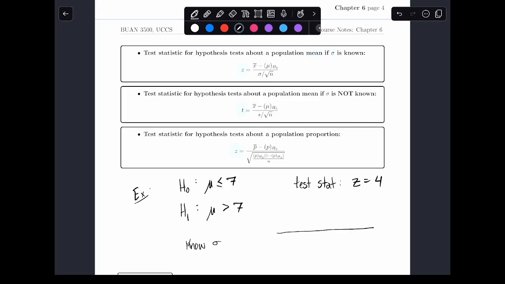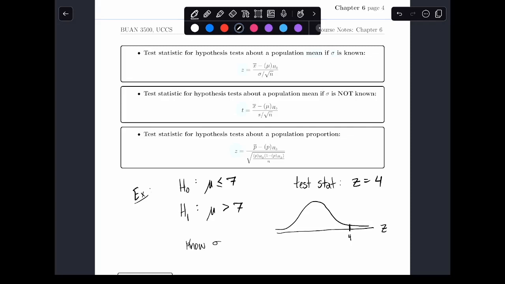And so the idea here is that if I think about my standard normal distribution, I got a z-value of 4. That's pretty far over here. It might even be farther than is in my picture here. And I want to see the probability of being at least that far away from the middle.